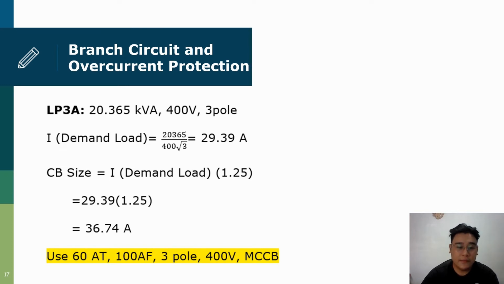So 29.39 multiplied by 1.25 equals 36.74 amperes. Here we will use a 60 ampere trip, 100 ampere frame, 3 poles, 400 volts MCCB, or molded case circuit breaker, which is indicated in our schedule of loads.